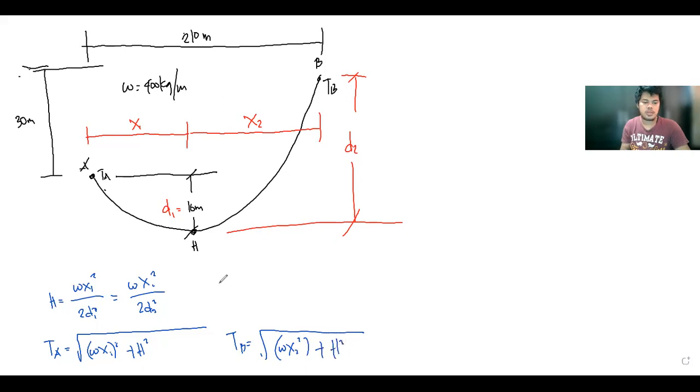So these are the formulas. Also, we have the total length that is equal to x1 plus x2.